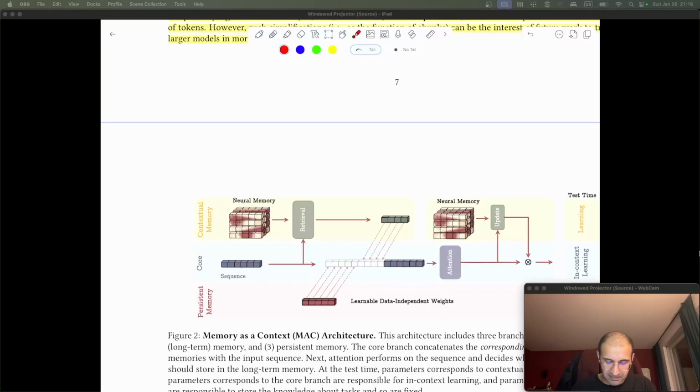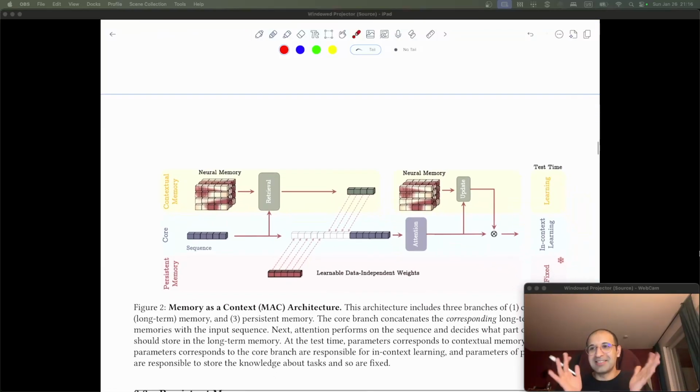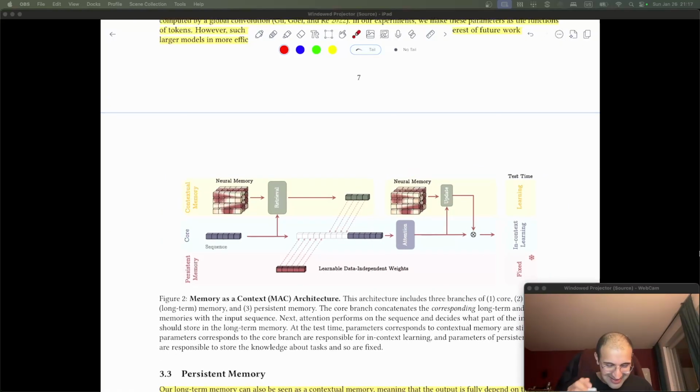We can even not talk about the persistent memory tokens, because I believe they just overdid all this stuff; the system could work even without them. We take our sequence, we prepend whatever information is in the memory, we feed it to the attention module, and we use the output of the attention to update the memory and to produce the output.